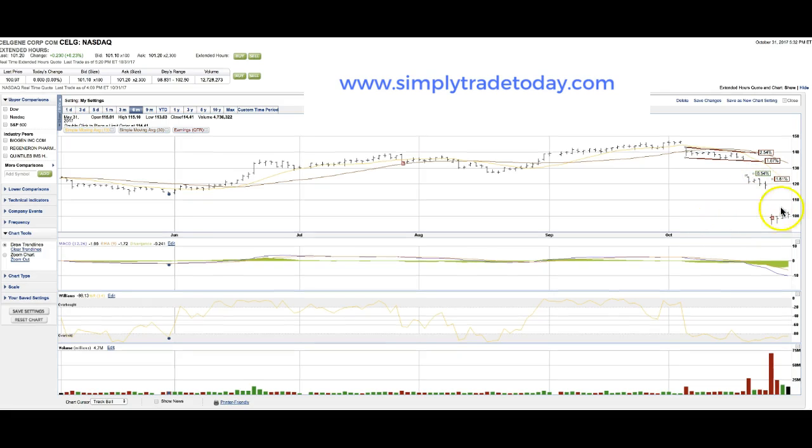But then it gapped down again, and this was an earnings thing. They had their earnings, which I don't know if they were good or bad, but I do know that they cut their guidance. They cut their own guidance, so that was their own news. And so that just made the stock go way down.